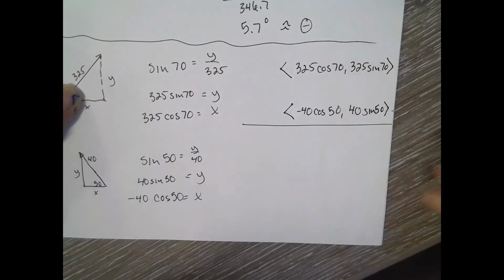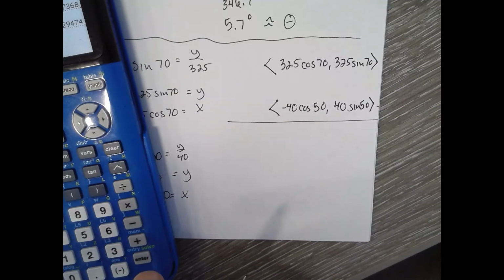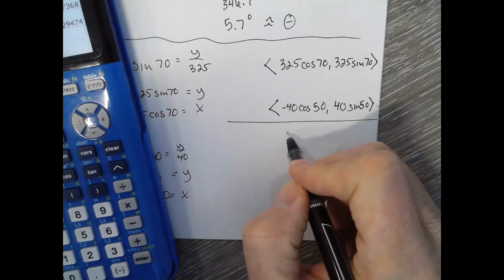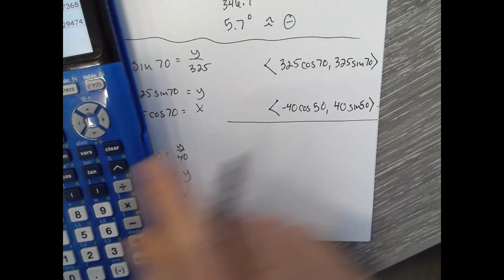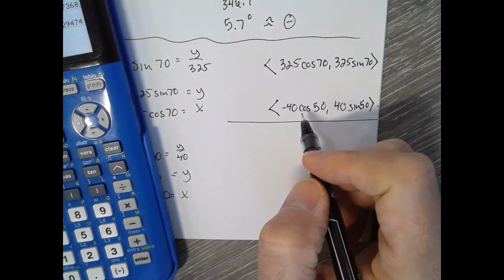And if we add them, alright, let's see, 325 cosine 70 minus 40 cosine 50.